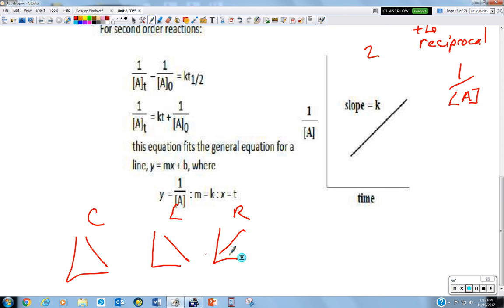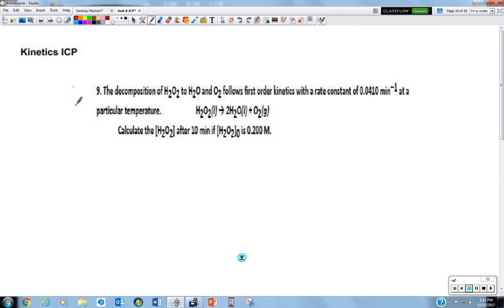And that's just a little mnemonic thing. It's not anything other than that. All right, so let's do a problem or two with these.